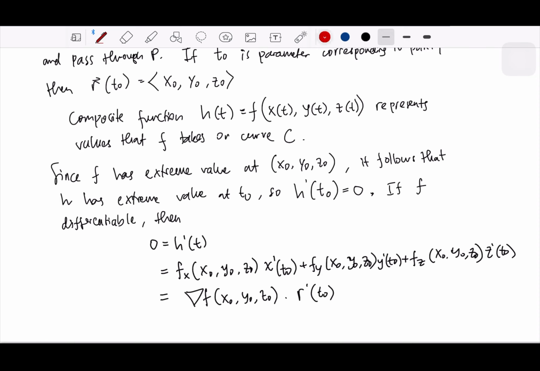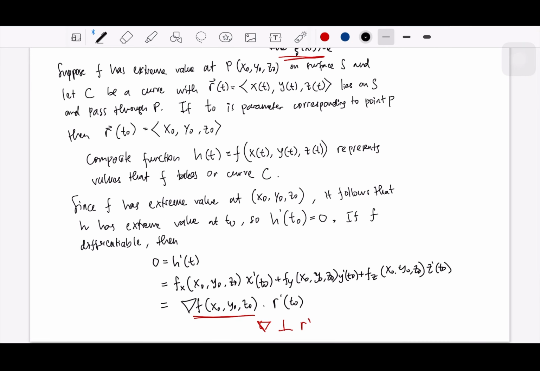So this is showing that the gradient vector is orthogonal to r prime. So the gradient vector of f is orthogonal to r prime, and also the gradient of g is orthogonal to r prime.